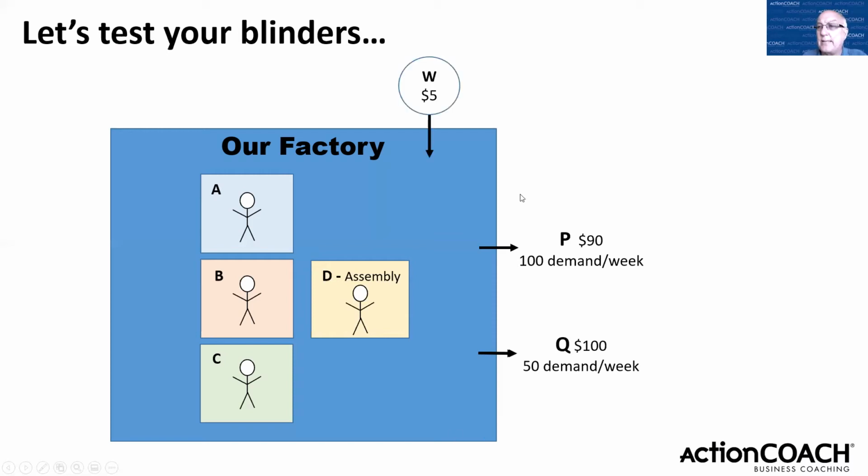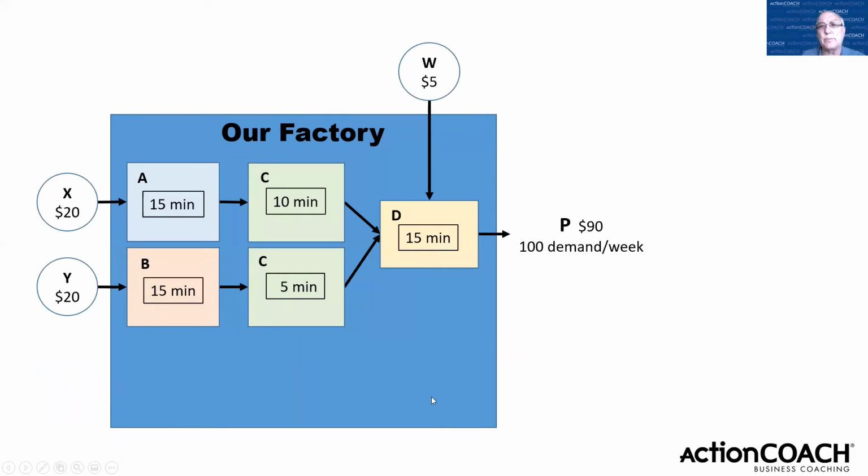All right, in order to make Ps and Qs, we buy one part, which is part W, and Ws cost us $5. We also have three materials we bring in, X, Y, and Z, and each material costs us $20 per unit. To make Ps, it's a fairly simple process.